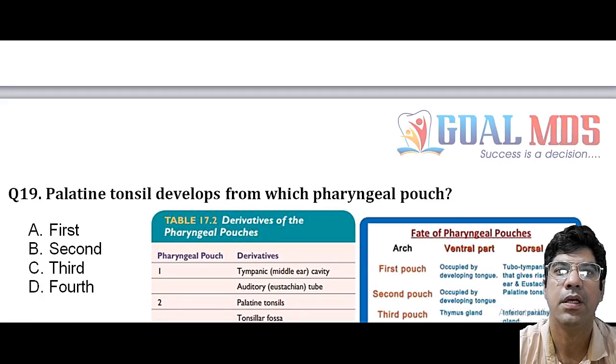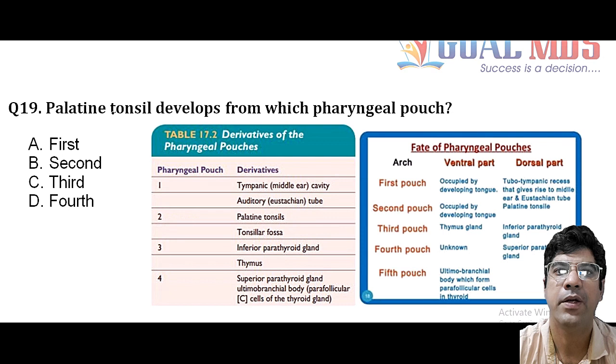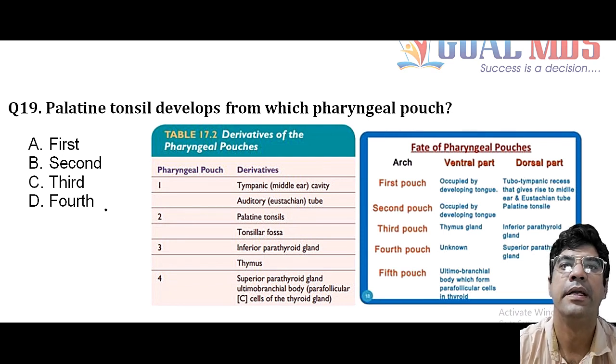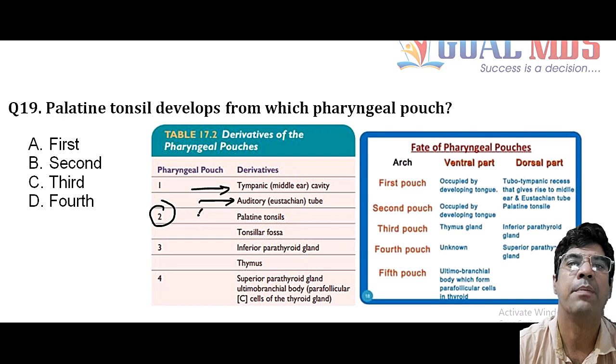Next question. The palatine tonsil develops from which pharyngeal pouch? It develops from the second pouch. So remember the table. The first pouch gives the tympanic cavity and auditory tube. Remember all these structures.